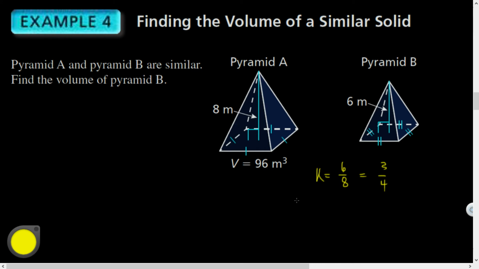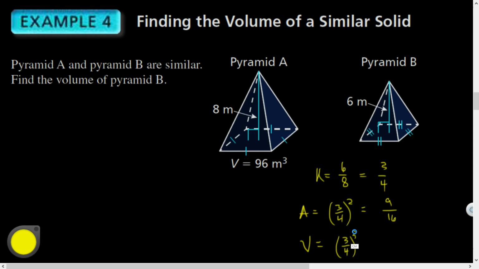In terms of area, it is going to be 3/4 squared, the book did not ask us this. So it's going to be 9/16 of the area, say, the area of the base or any of those side triangular faces. And for the ratio of the volumes, 3/4 cubed.